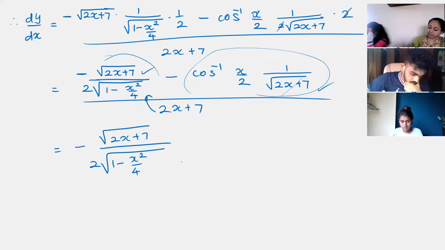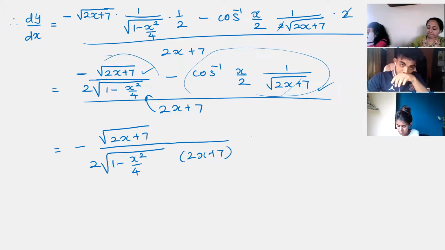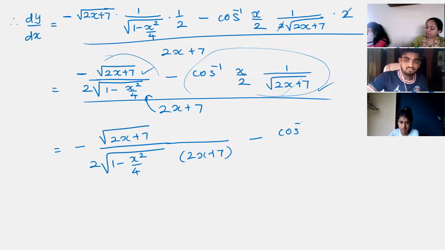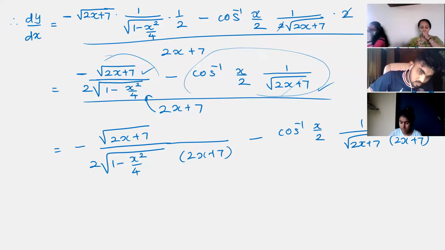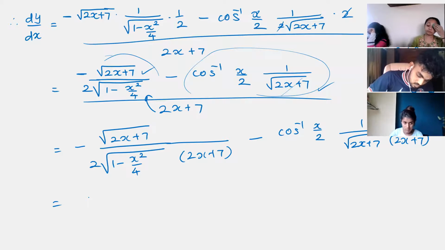Here again, the term 2x plus 7 will multiply, minus. If I'm multiplying this 2 inside, it becomes 4, if you remember.